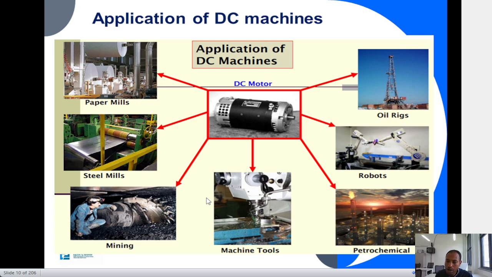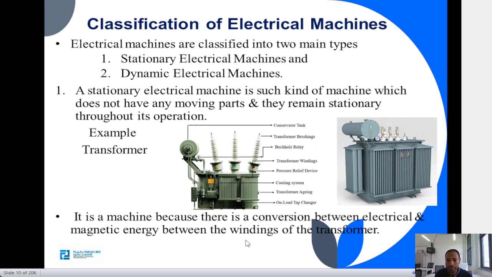We apply DC motors there because they have strong torques. They can carry huge loads with high torques. Also in mining, machine tools, petroleum chemicals, robots, and other industrial applications.